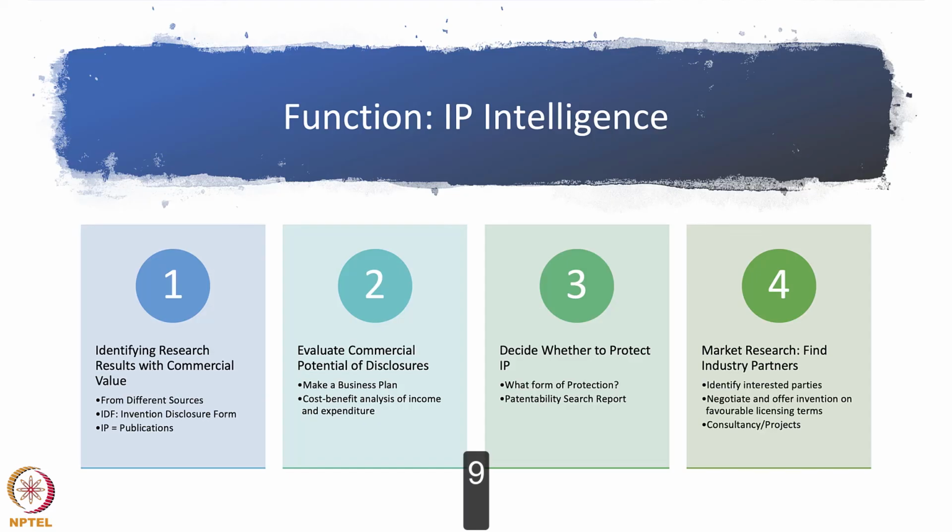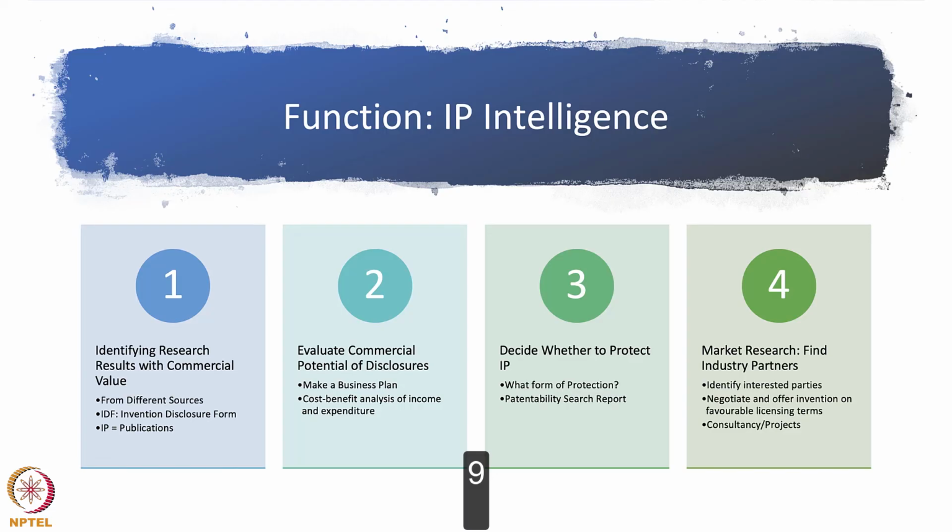And the fourth point is the IP center, as a part of its IP intelligence, would be engaged in market research. And by market research, we refer to constantly looking out for industry partners and looking to pitch technology to them in such a way that they could be interested in taking it and commercializing the results of that research.